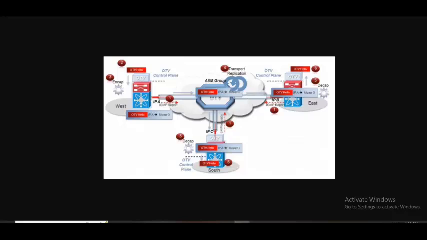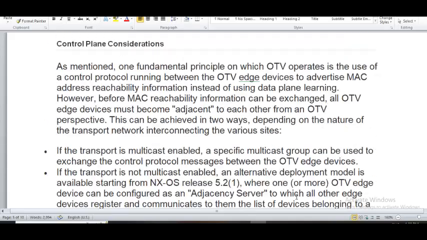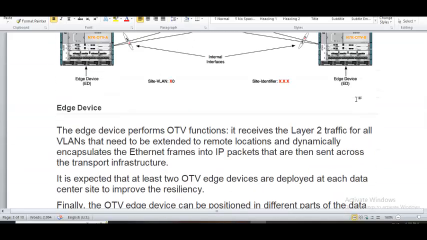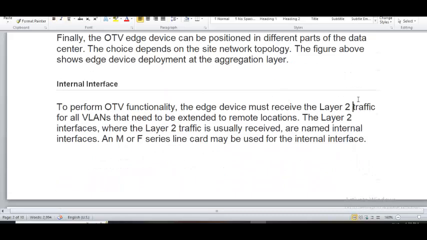Internal interface is just... okay. We have three layers, no? Network, access layer, distribution layer is what called as aggregation layer, and then core layer. You remember? You see, this is aggregation layer, and below is what?